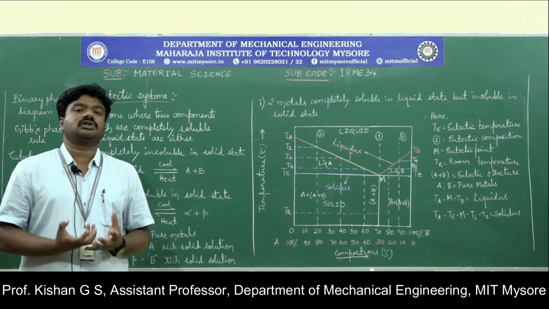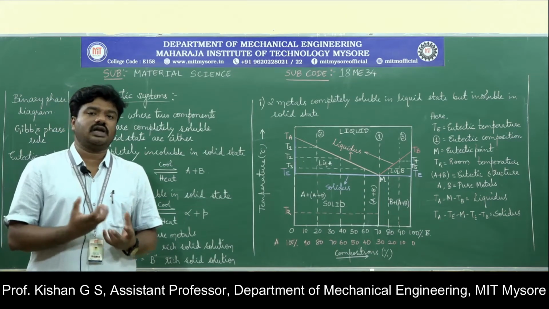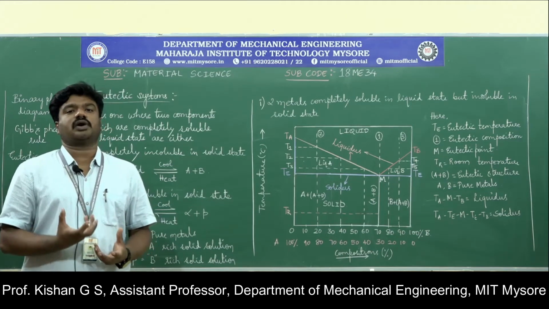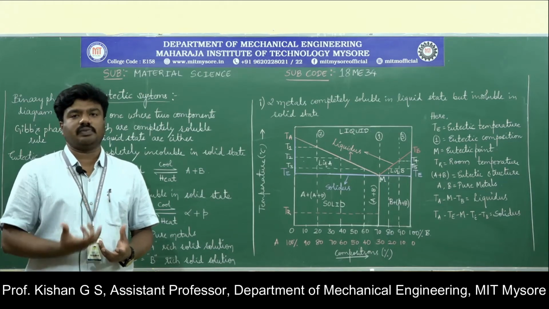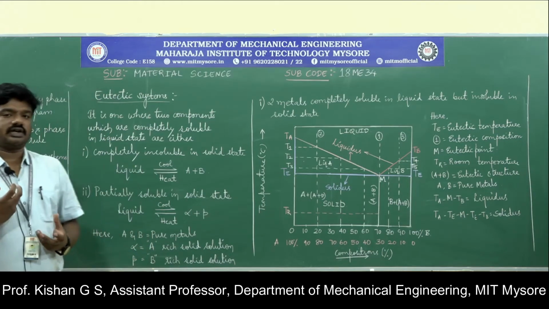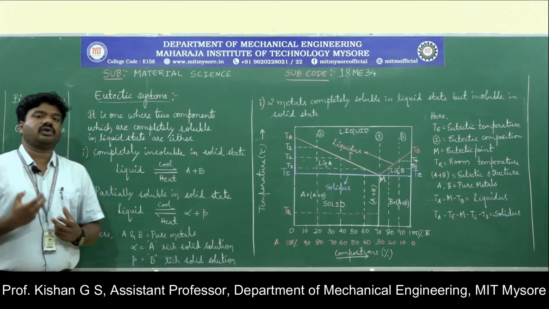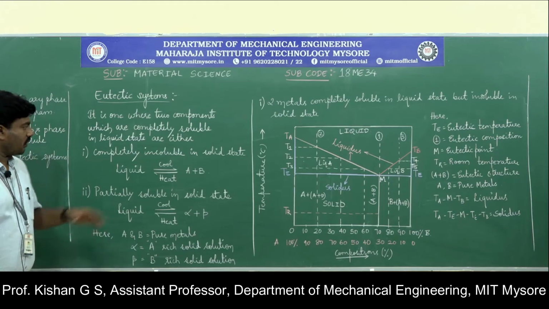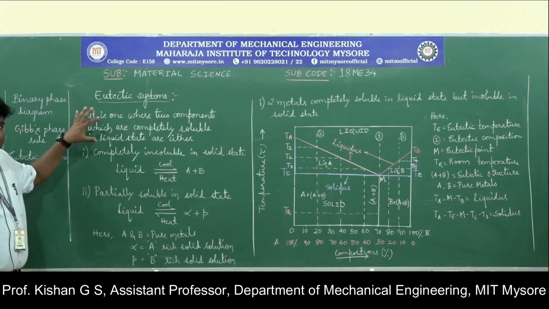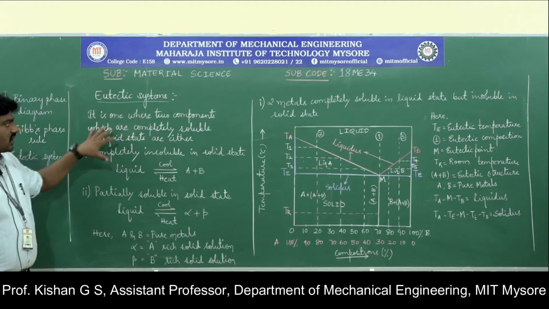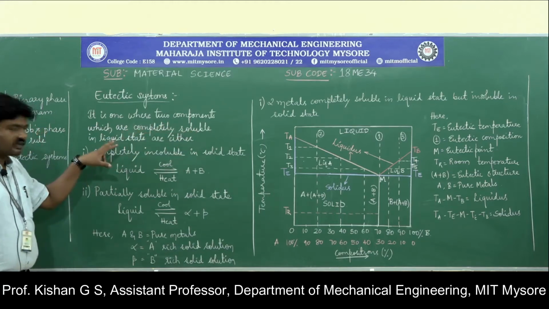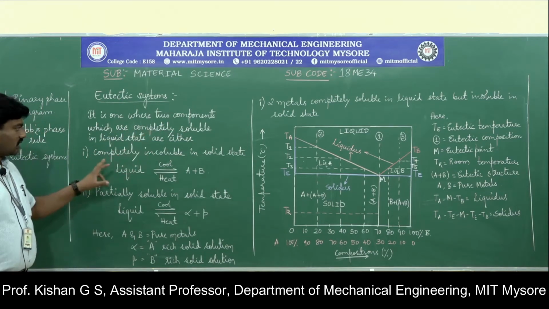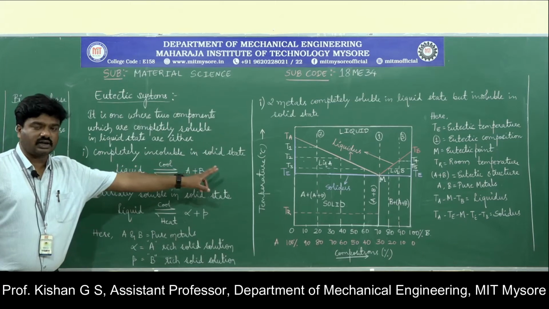What happens when it comes into solid state? Because at the end of the day, we are going to get a solid product out of the mixture of A and B. In case of a eutectic system, we define that condition in solid state in two cases. Case number 1: two components completely soluble in liquid state are completely insoluble in solid state.